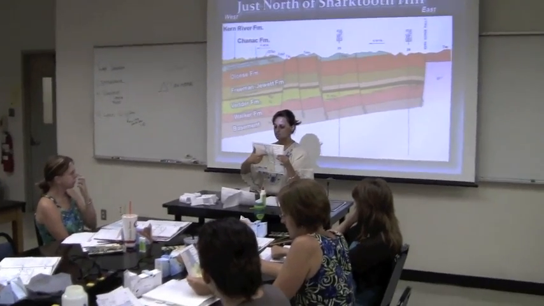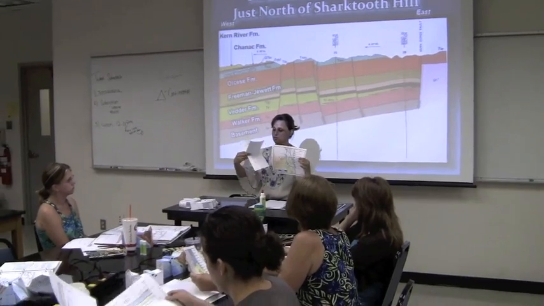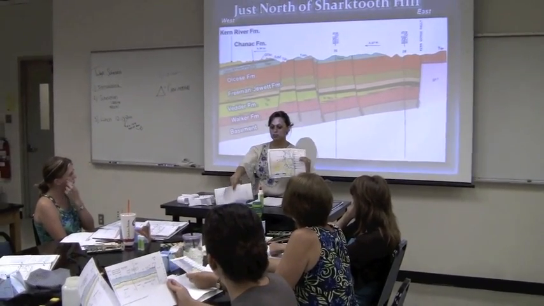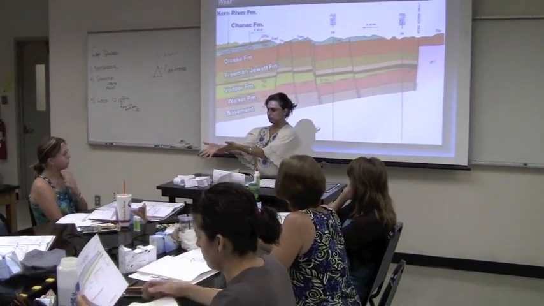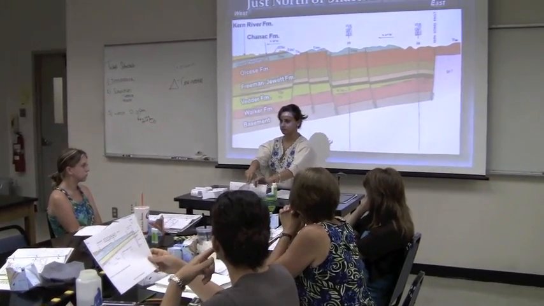So this is Sharktooth Hill right here, and you can then set this up to be oriented the same way. They aren't the same scale, and that's because if we had scaled the cross sections down to the map scale, this would be tiny and impossible to work with. So this is scaled up from the map, and that's not uncommon either. The cross sections generally show some degree of exaggeration.